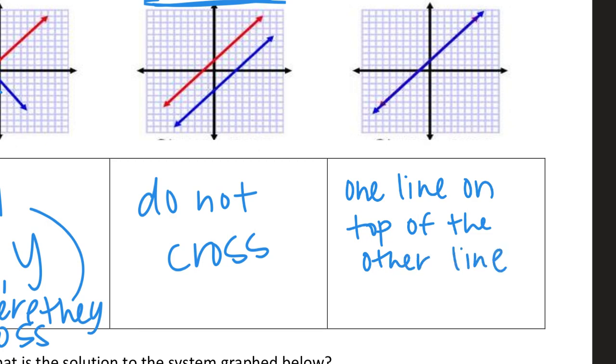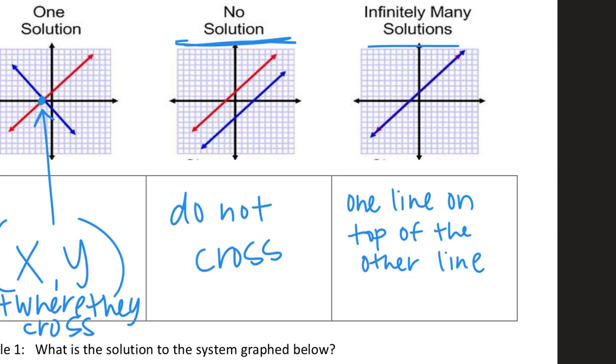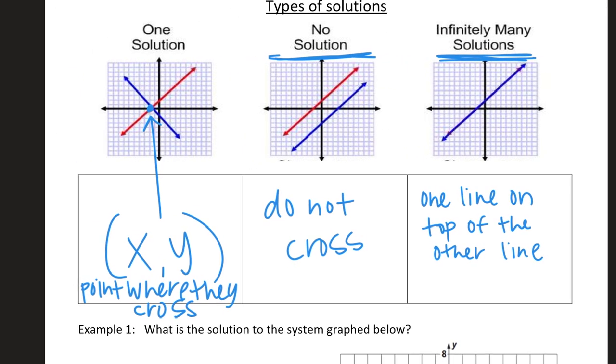That is what we call infinitely many solutions. Those lines are crossing here and here and here and here and here and here. All of the points are crossing. So these are the three different types of solutions that we could see when we are graphing systems of equations.